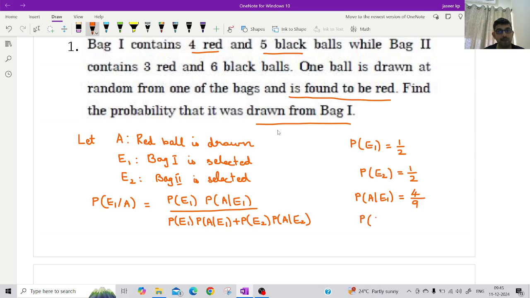Then the probability of getting a red ball from the second bag. So again, if you see the data, 3 red out of 9. So you just have to put all these values here. Once you put all the values and simplify, the answer will come as 4 by 7. So 4 by 7 is the required answer.